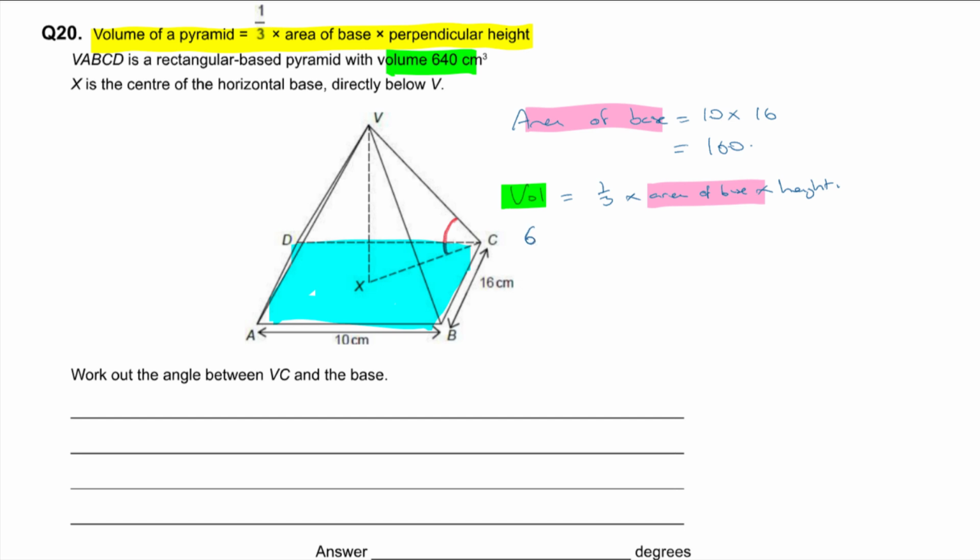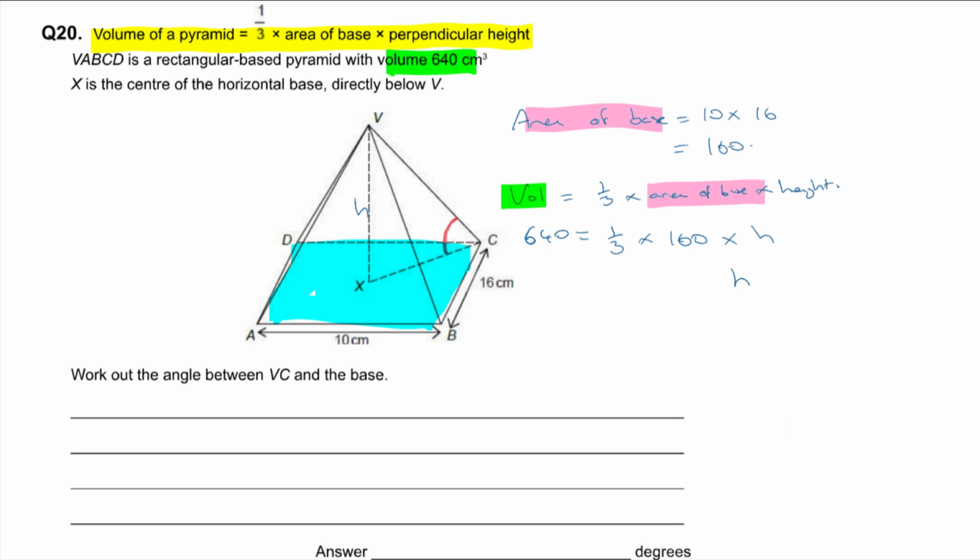So let's sub in the things that we know. 640 is equal to 1/3 times the area of the base, which is 160, times the height, which we're going to find. Just put height in there so I know what I'm finding. Rearranging that, I'm going to cross multiply that 3 and 160.